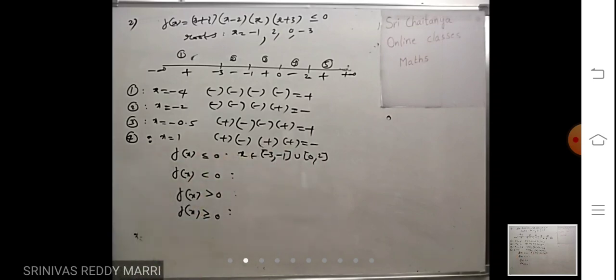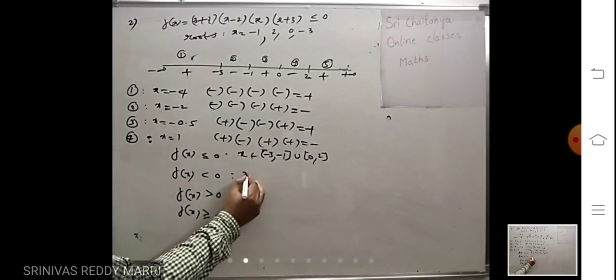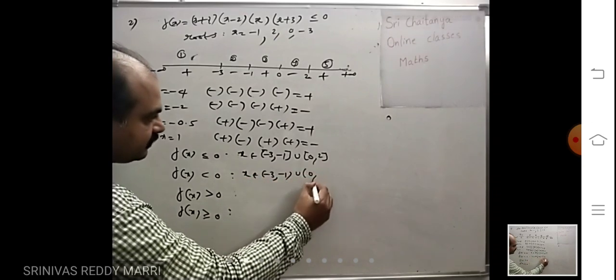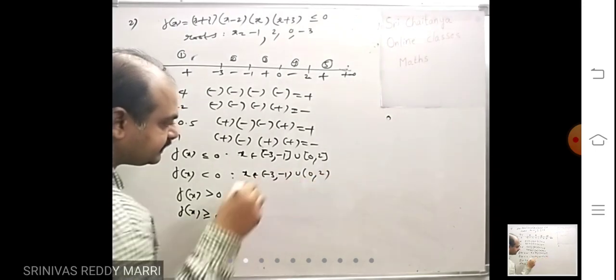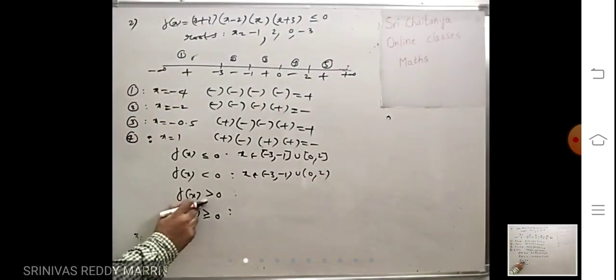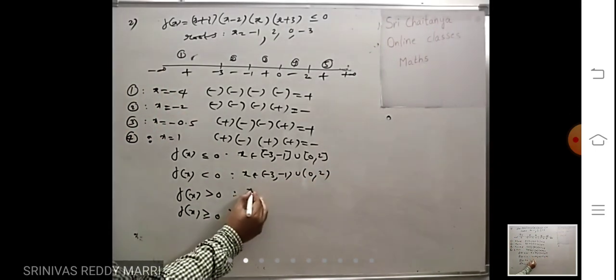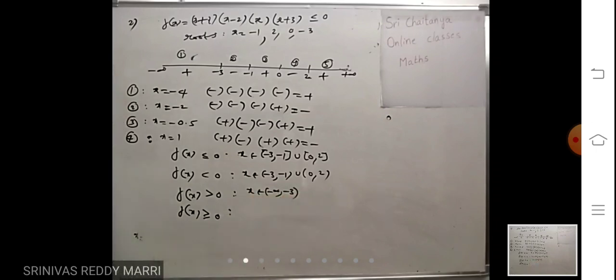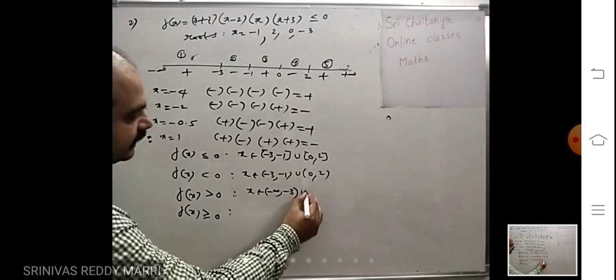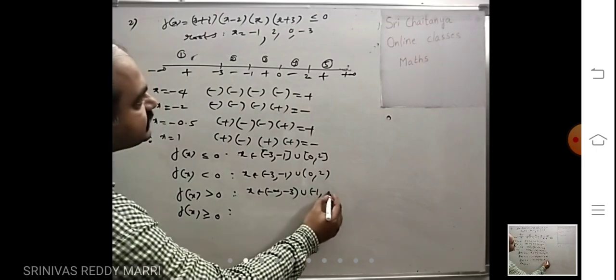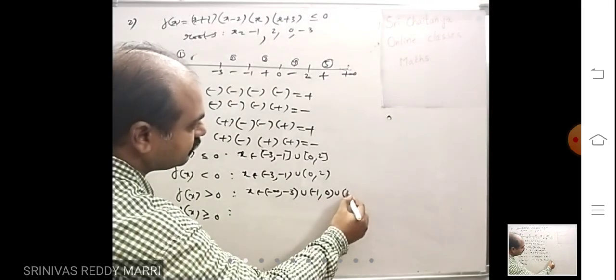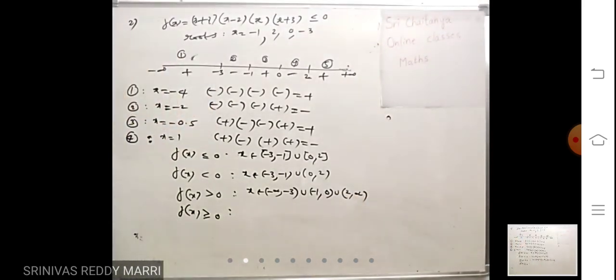Less than 0 means just these negative intervals, open. Greater than 0 means positive intervals: minus infinity to minus 3 union minus 1 comma 0 union 2 comma infinity, right?